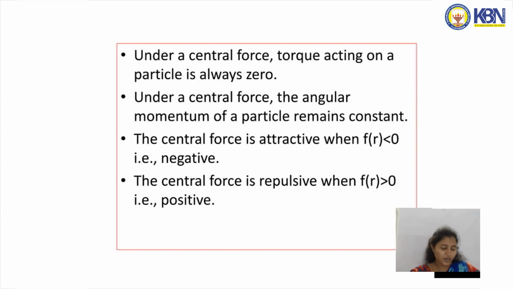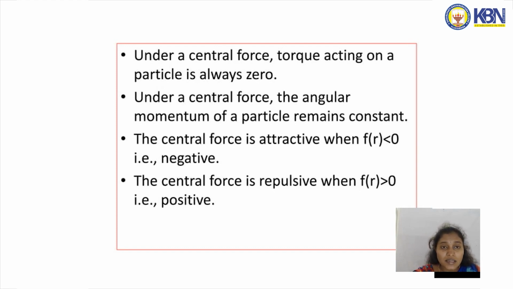So these are the additional features of a central force. Under a central force, the torque acting on a particle is always zero. So under a central force, the angular momentum of a particle remains constant. The central force is attractive when the function of distance is less than 0, that is F of r is less than 0.